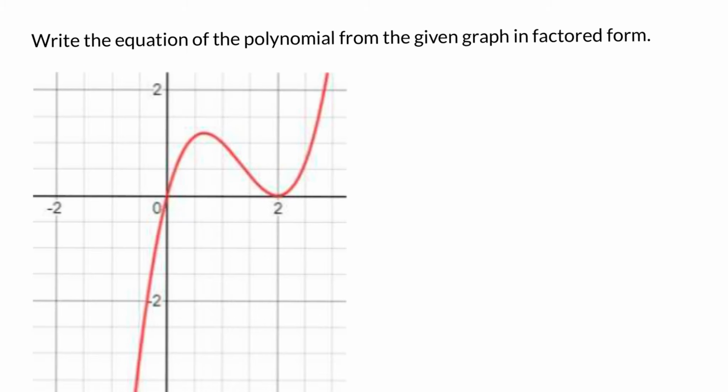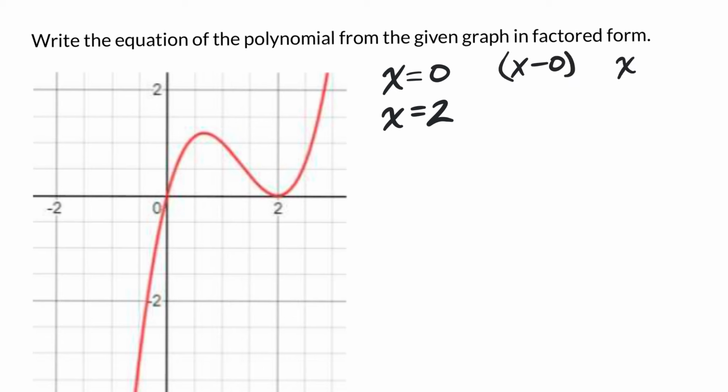First off, as we take a look at these, where is it touching the x-axis? 0 and 2. So remember this, x equal to 0, we could waste our time and say x minus 0. But what is x minus 0?